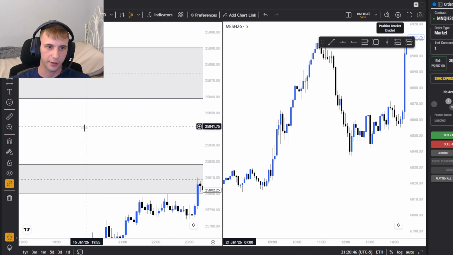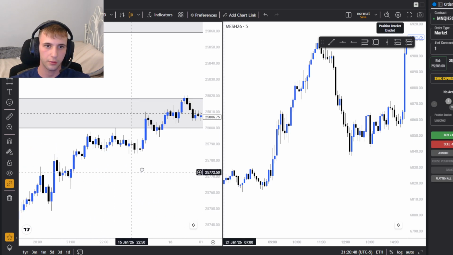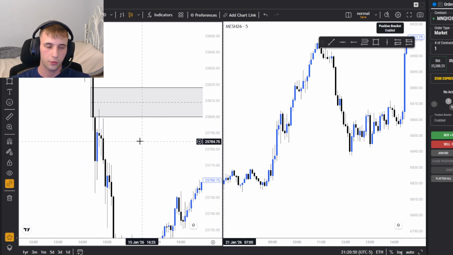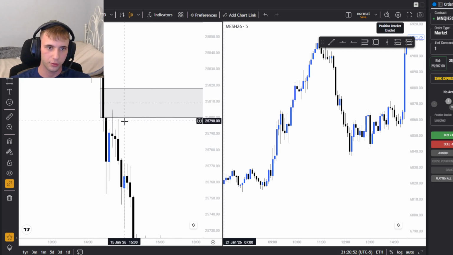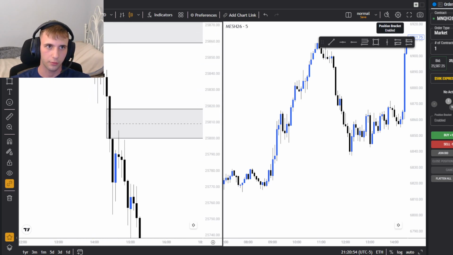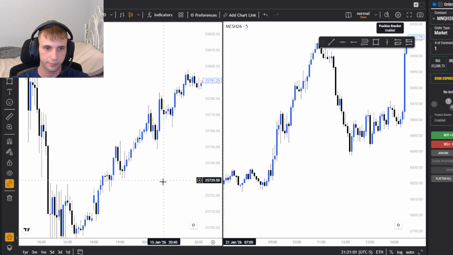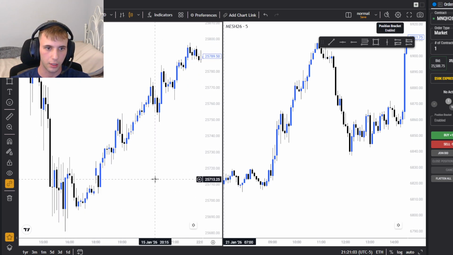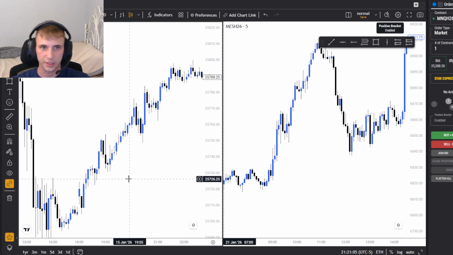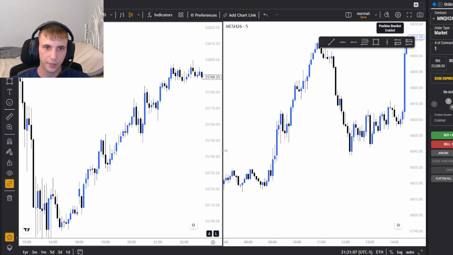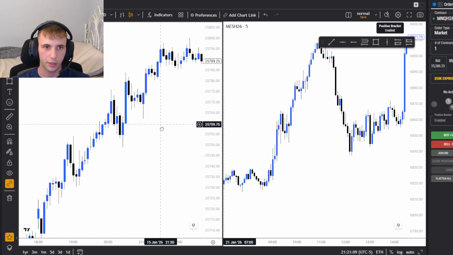Whereas with this fair value gap, we didn't even close within this fair value gap. So this is, I guess you could say, counterintuitive. Oh, there you go, right here.